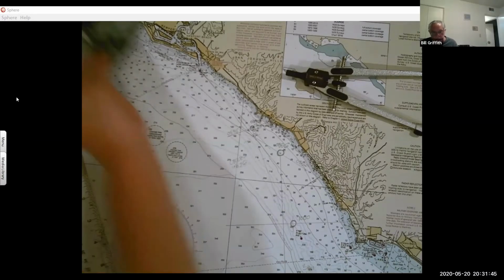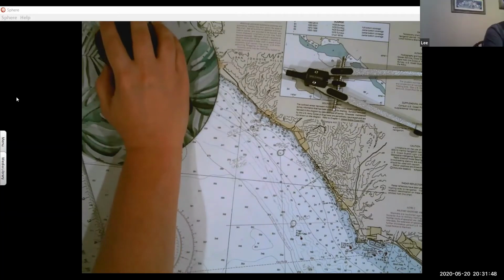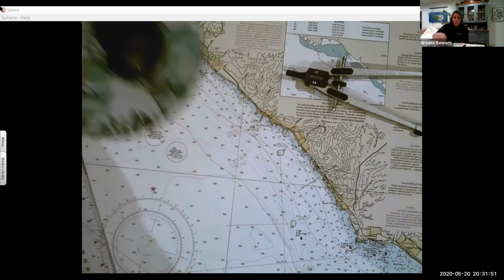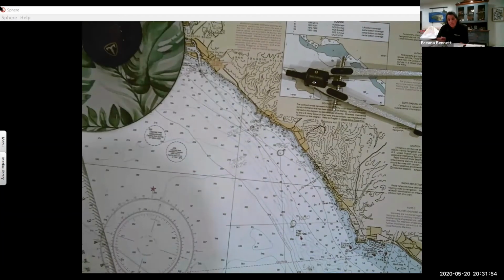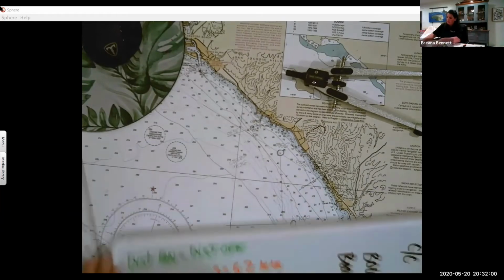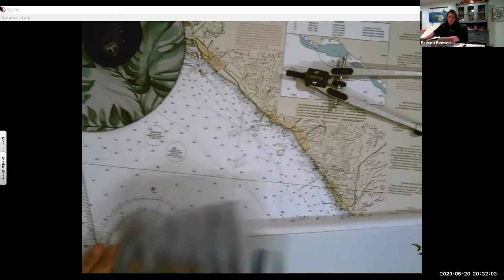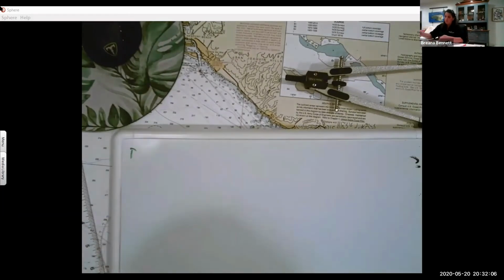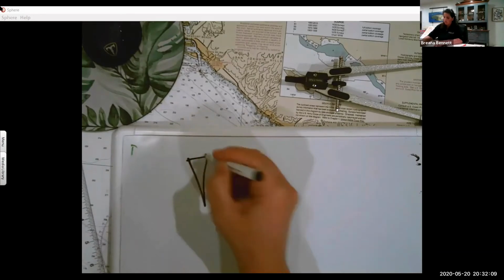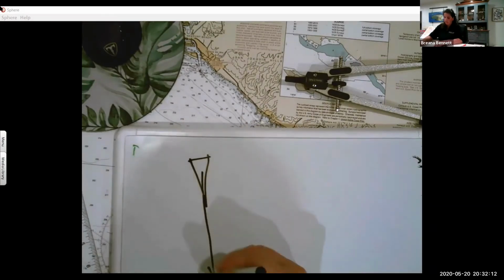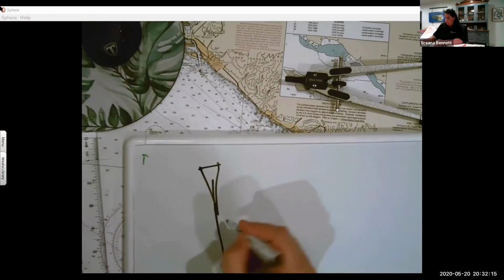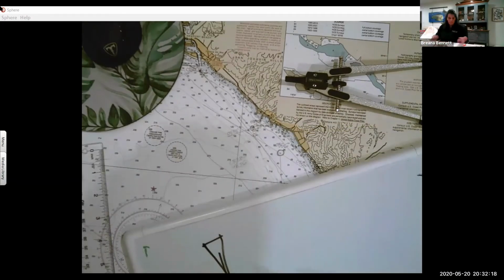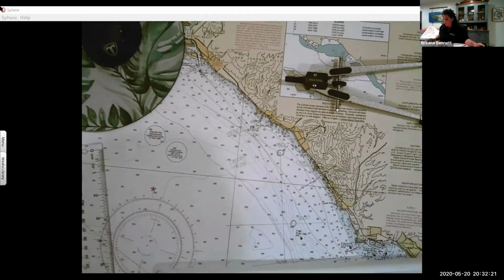Hey, Bree, why was the 315 degrees mentioned for the building? Okay, so the 315 is relative. That means it's a bow bearing. We are cruising down here at, what were we doing? We're doing 172.